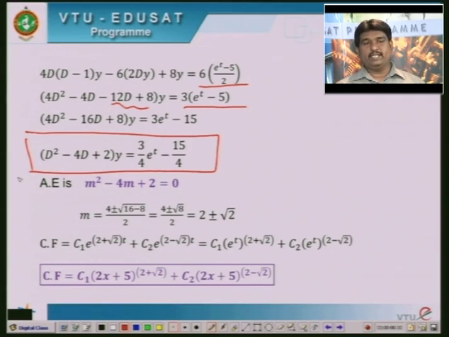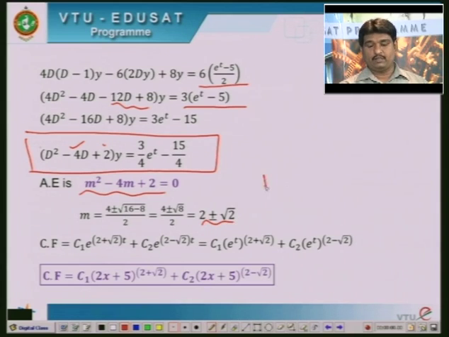This is a linear differential equation with constant coefficients. So, the solution of this differential equation can be determined by finding CF and PI. As you know, CF is the solution of the homogeneous part of the differential equation. So, consider the auxiliary equation, m² − 4m + 2 = 0. You find its roots, which are 2 ± √2.